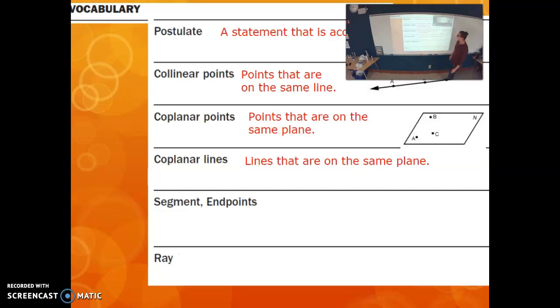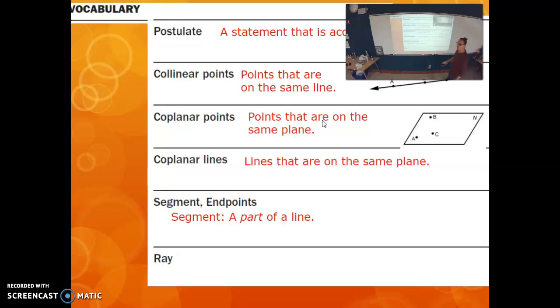A segment is a part of a line. Segments are actually what we think of when we think of lines. Lines go on forever in both directions. Segments end. So when we build things, we will typically be using segments. Segments, again, are usually what we think of as lines.